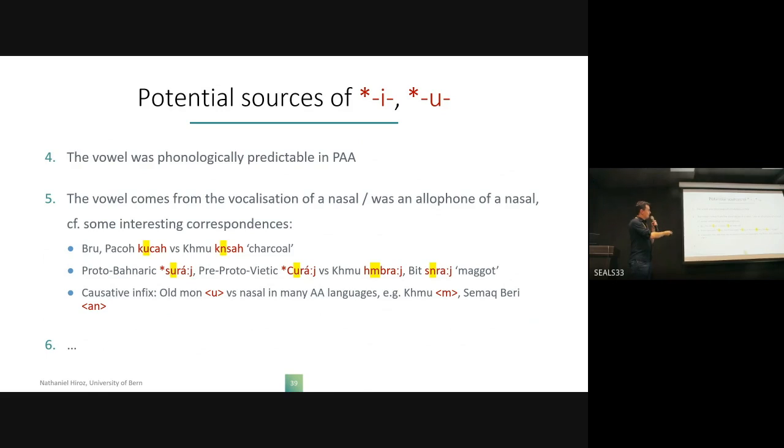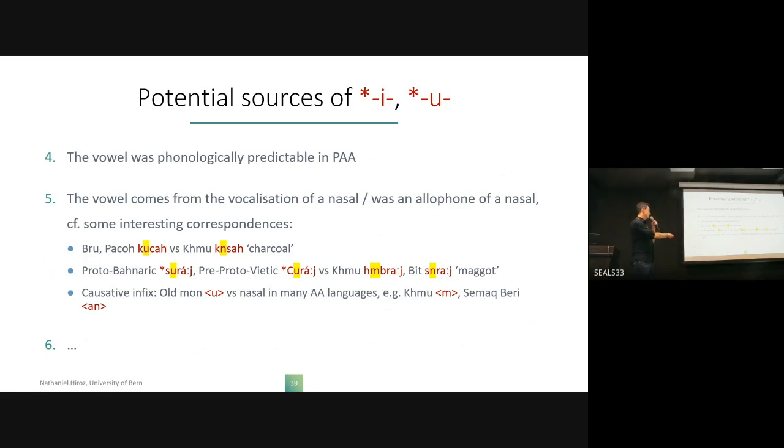Something interesting are some correspondences which suggest that perhaps U in some cases is the vocalization of a nasal or some allophone of a nasal, because, for example, the word for charcoal is kucha in Bru Tako, but in Khmu it's kensa.